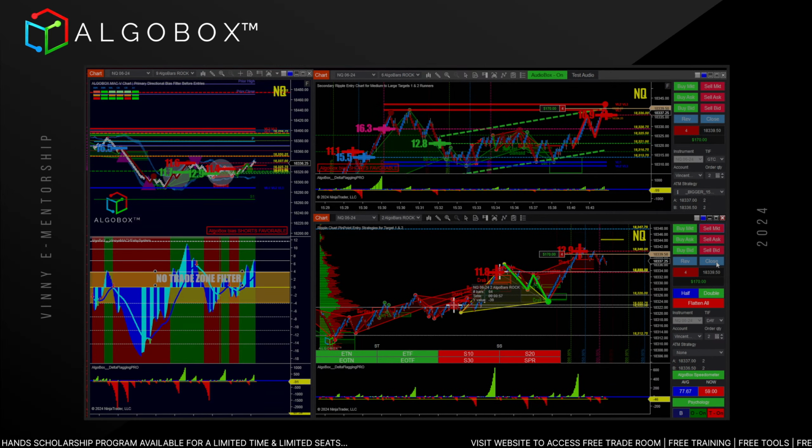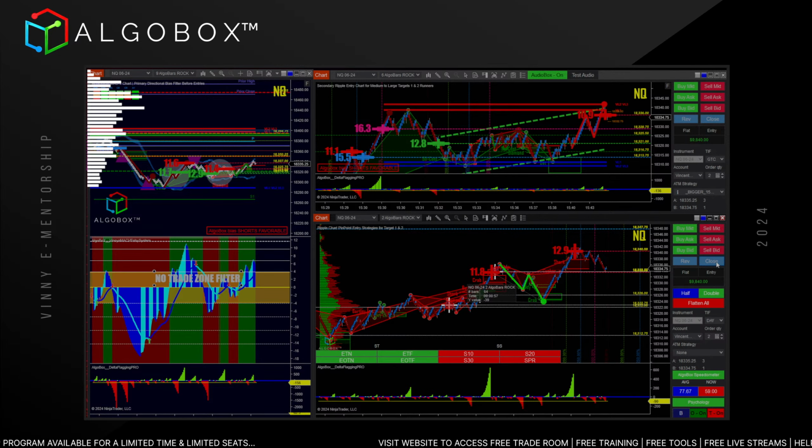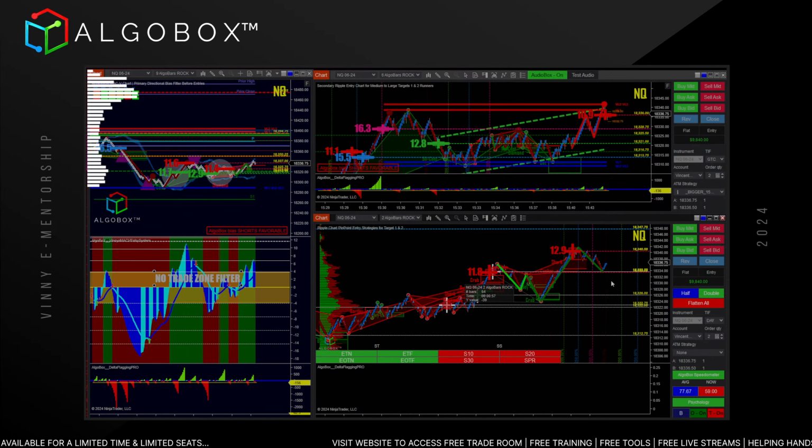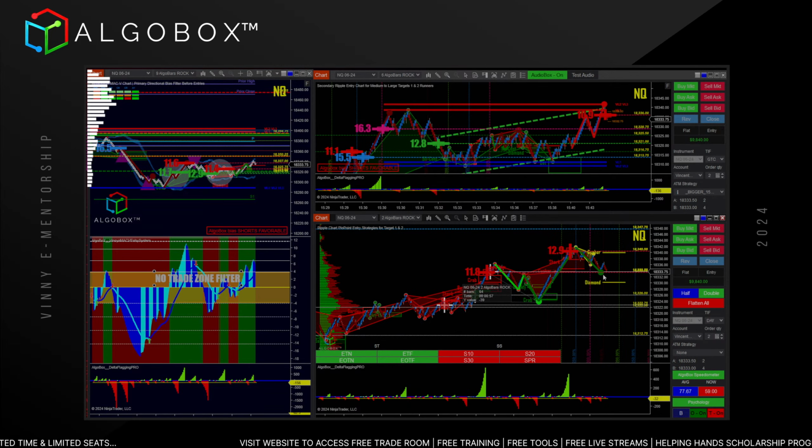Alpha Omega down NQ on the 6. Boom, there we go. Target's filled. Down to the front side of that shark. Also came in with a green dot for the target.